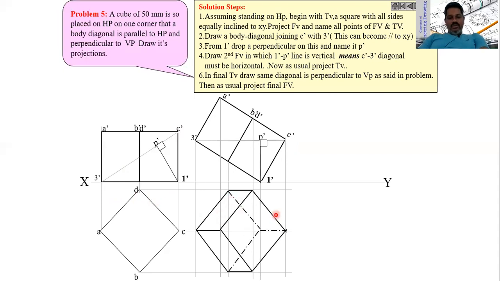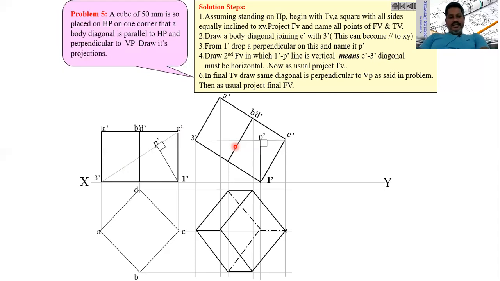Then join all those points to get the top view of the cube when one corner is touching HP as well as the diagonal is parallel to HP. This is the first condition given in the problem.